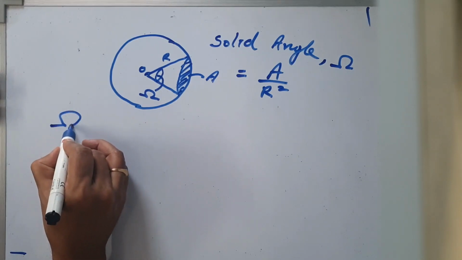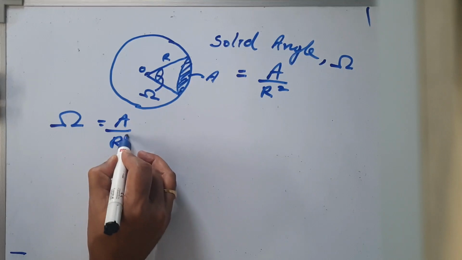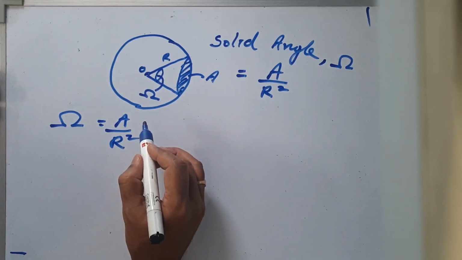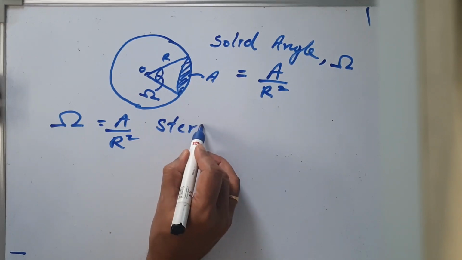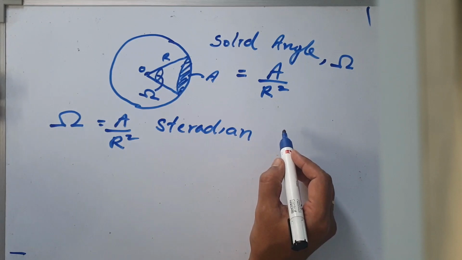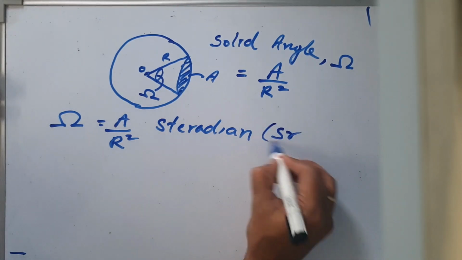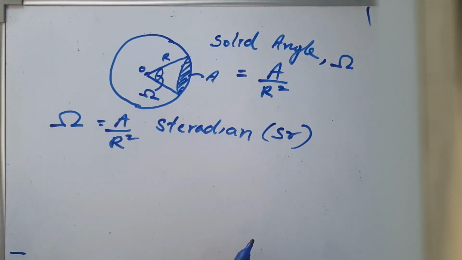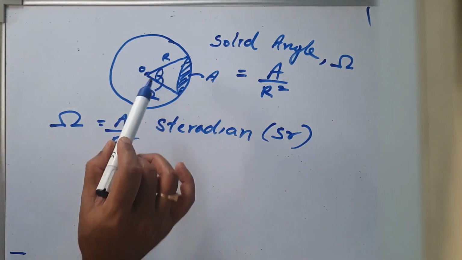Omega is equal to A upon R squared. The unit is steradian, represented by sr. So you understood what is solid angle?